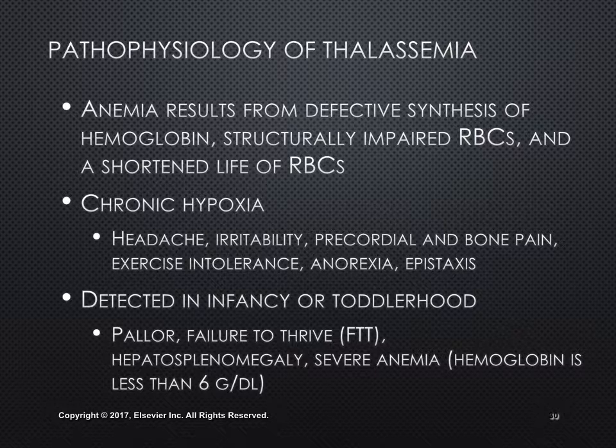It's usually detected in infancy or toddlerhood because they have pallor and failure to thrive. They also have hepatosplenomegaly and severe anemia. Often their hemoglobin is less than 6 grams per deciliter.